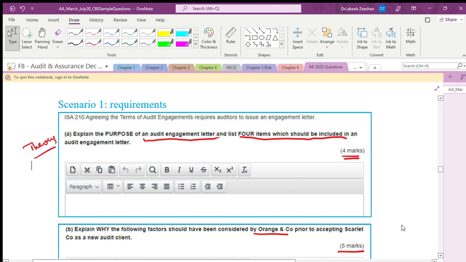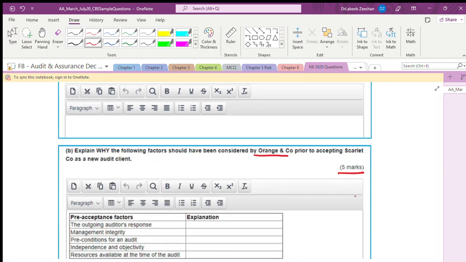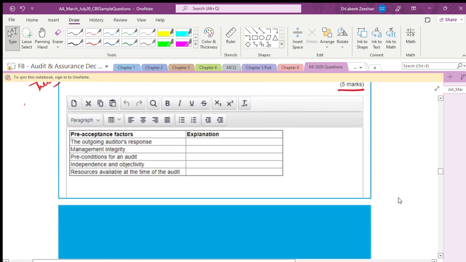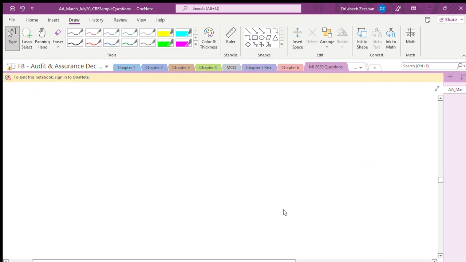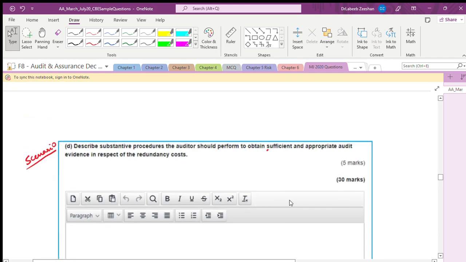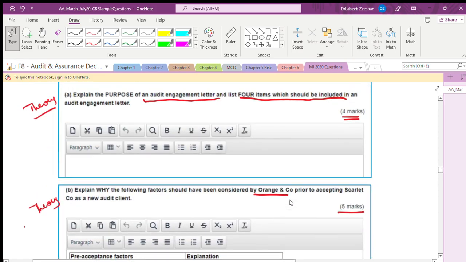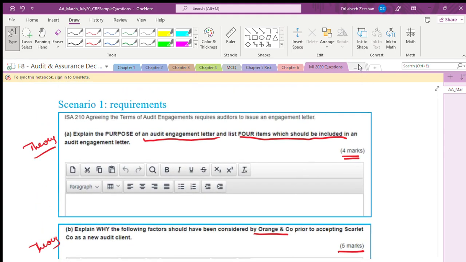And this is also a theory, very pure theory. And this is with respect to the scenario, substantive procedures.